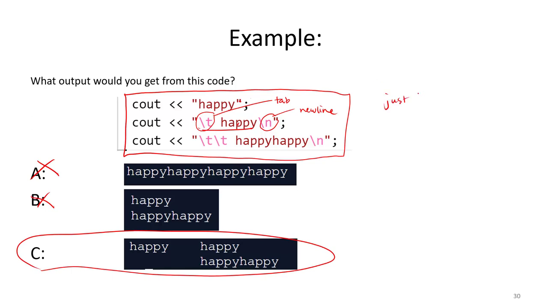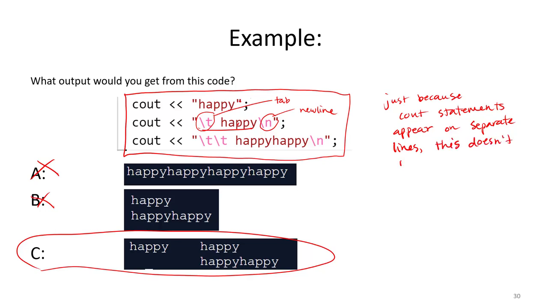Just because the cout statements appear on separate lines doesn't make the output appear on separate lines. In this case, this first cout statement outputs happy.